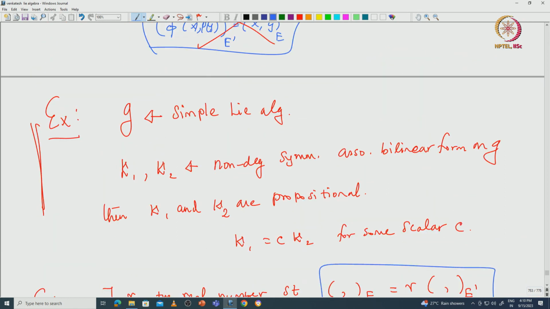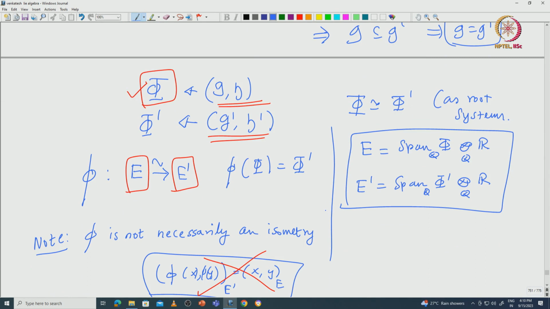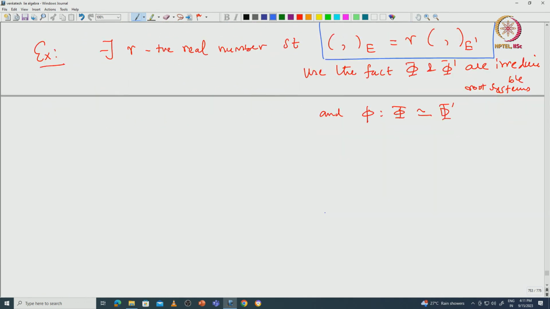As I remarked earlier, the properties of root systems do not change if you take a bilinear form and scale it by some positive real number. In particular, we can rescale the bilinear form on E dash, so that we can assume this pi is indeed an isometry. There is no harm in it, modulo this exercise.